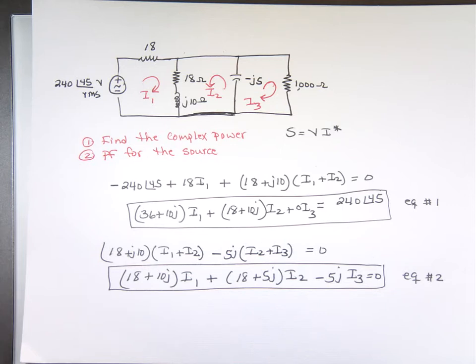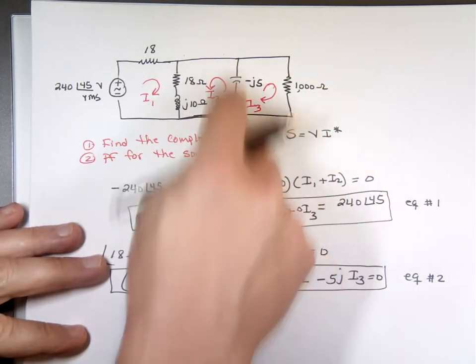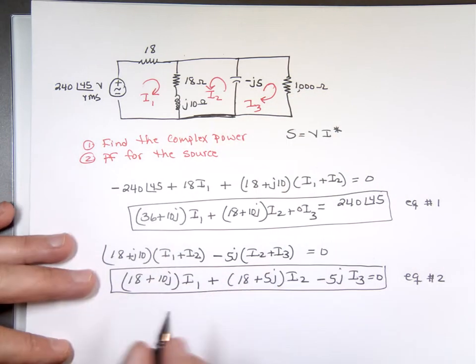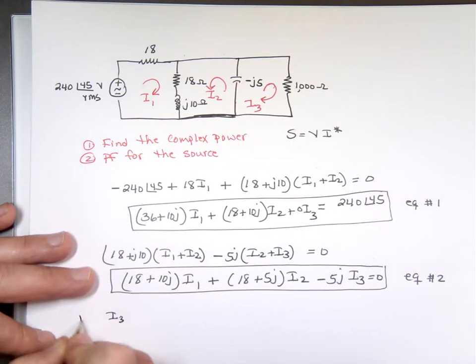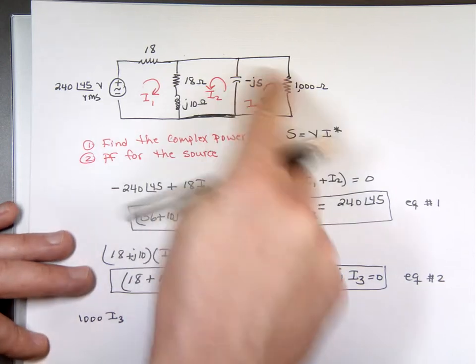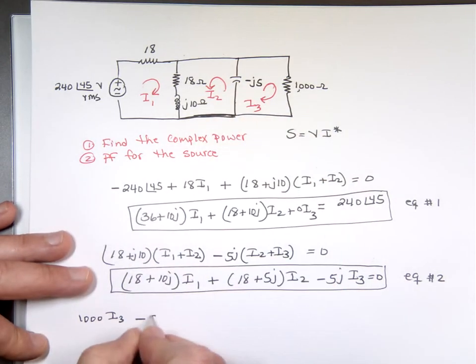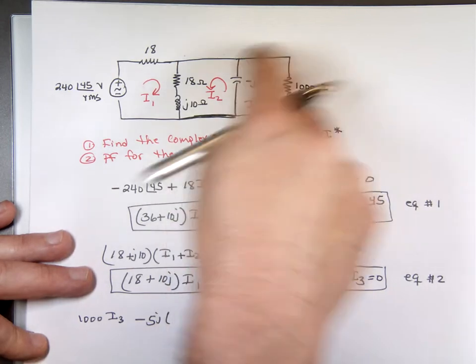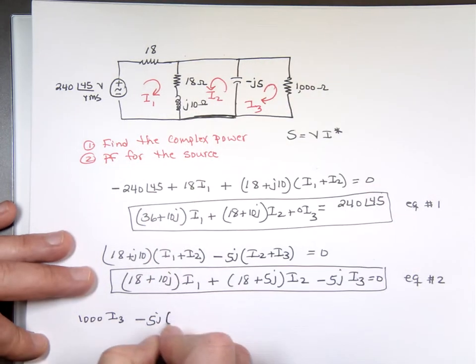And we need a third equation, then we'll have three equations by three unknowns. We'll do this one, 1,000 times I sub 3 minus 5j. What is the current going up? Is it I sub 3 plus I sub 2?